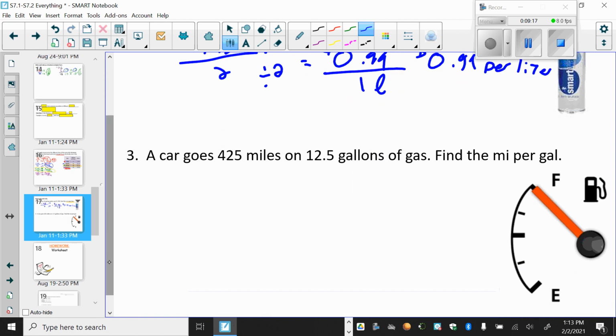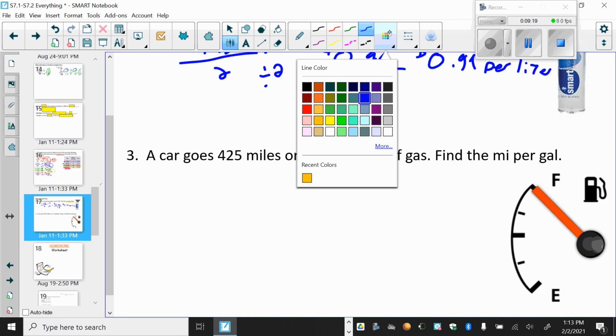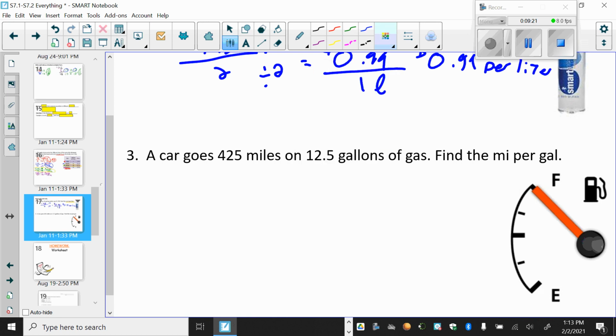A car goes 425 miles on 12.5 gallons of gas. Find the miles per gallon. Miles first, gallons second, right? So 425 divided by 12.5.